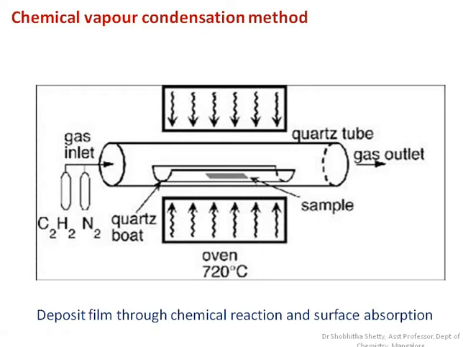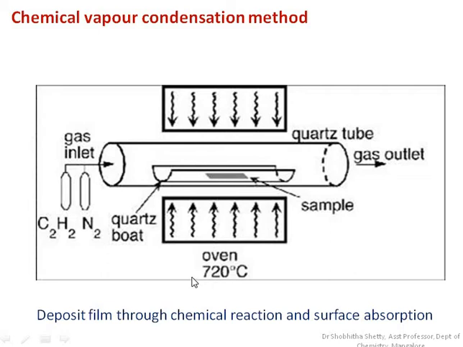As you can observe, first the gas precursor, whatever precursor we are taking, has to be sent in the form of vapor inside the deposition chamber, and on the substrate surface it gets deposited, or absorption may take place, if you want to coat any film or nanowires etc. And if you are going for the synthesis of nanotubes, we can send hydrocarbons through the gas inlet system in the form of vapors, and they get deposited as carbon nanotubes on the substrate surface.